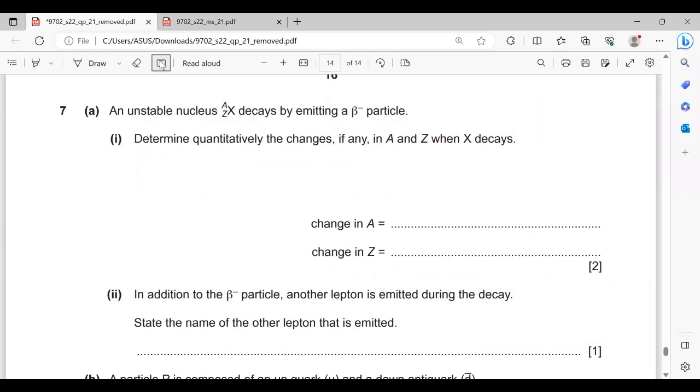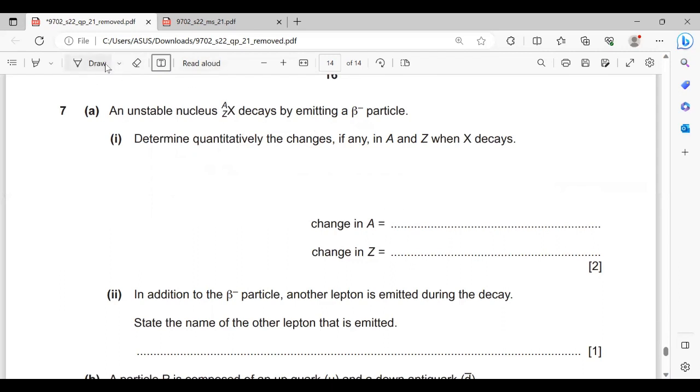An unstable nucleus X, with A and Z, decays by emitting a beta negative particle. Determine quantitatively the changes, if any, in A and Z when X decays.